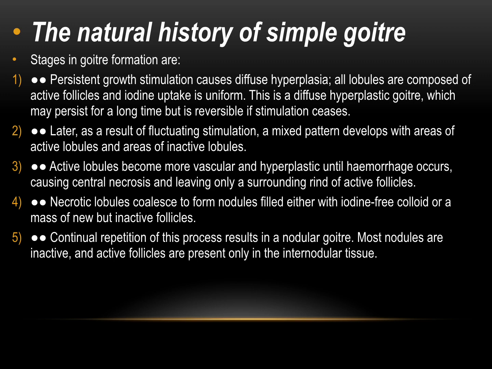The active lobules become more vascular and hyperplastic until hemorrhage occurs, causing central necrosis and leaving only a surrounding ring of active follicles. Necrotic lobules coalesce to form nodules filled either with iodine-free colloid or a mass of new but inactive follicles. The fifth stage, continual repetition of this process, results in nodular goiter. Most nodules are inactive and the active follicles are present only in the internodular tissue.